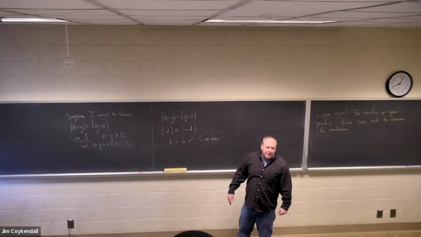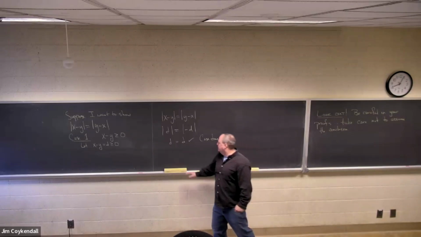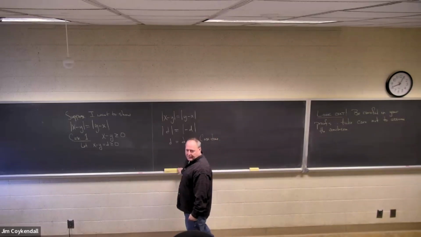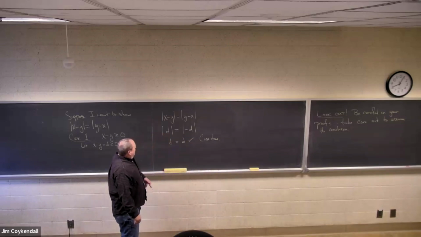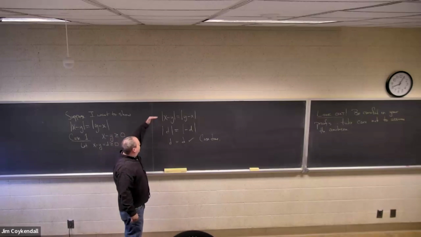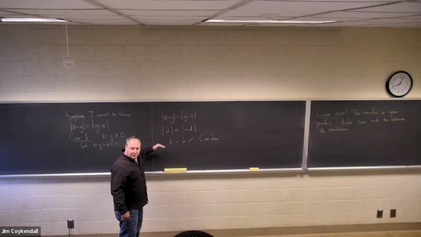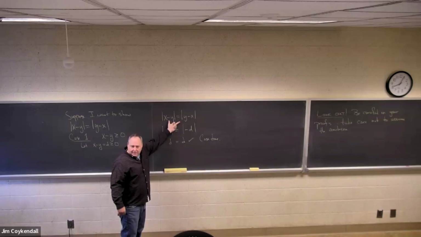Can somebody tell me what's logically wrong with that? Well, given the fact that I'm in this case, there's nothing wrong with the sequence of steps. What is incorrect is to come to the conclusion that this is true.